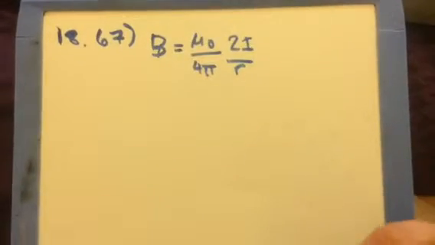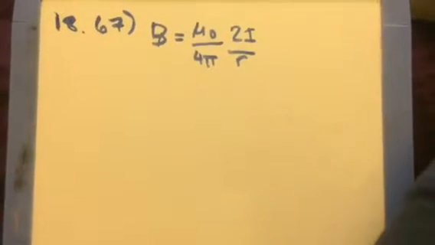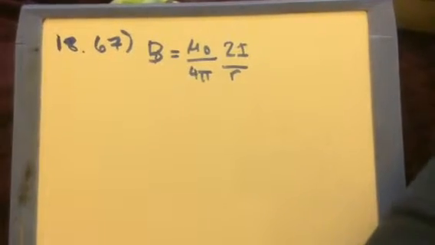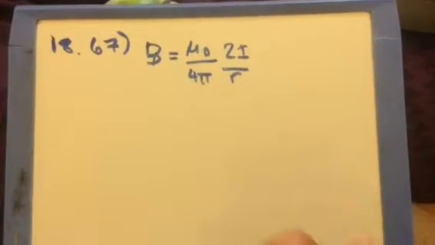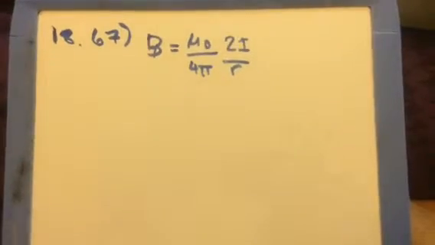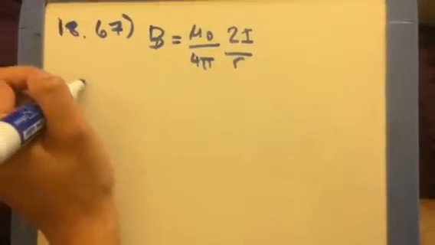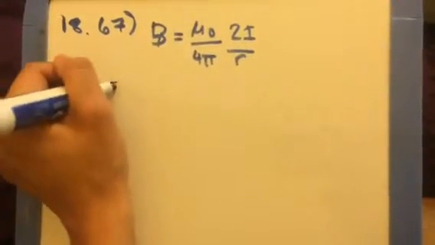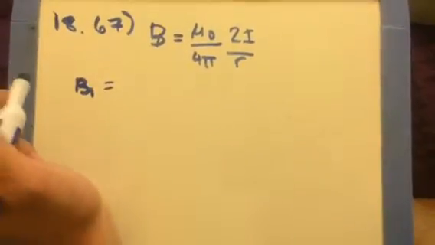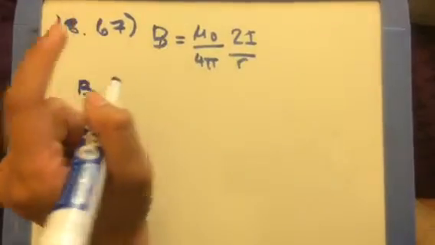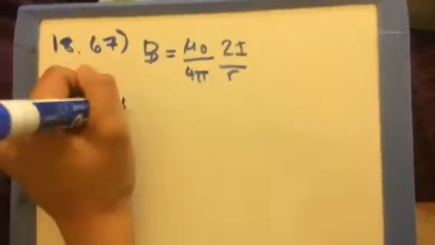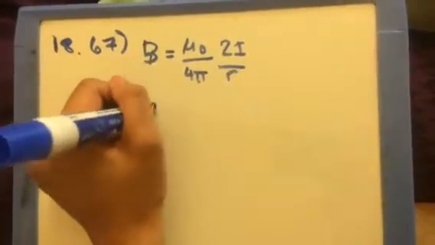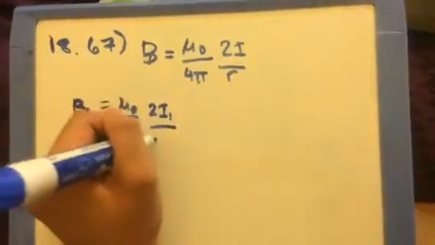And so using the given data, we can say that according to the situation of the problem, in order to calculate the maximum magnitude, B1, which is the magnetic field given by the first wire of current I1, is mu naught over 4 pi times 2I1 over R1.